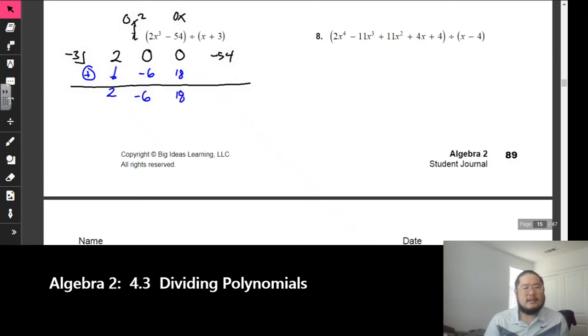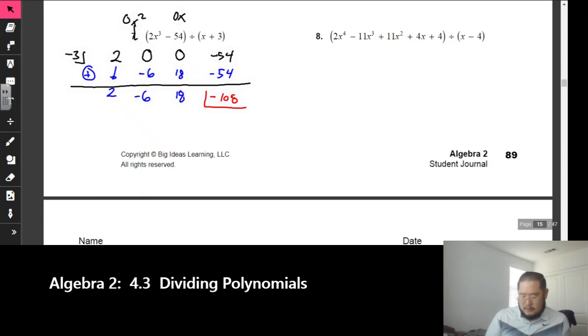Then I have 18 times -3, and that right there is -54. When I add these up, I've got myself -108, which isn't really a problem. It just tells us that we have a remainder.